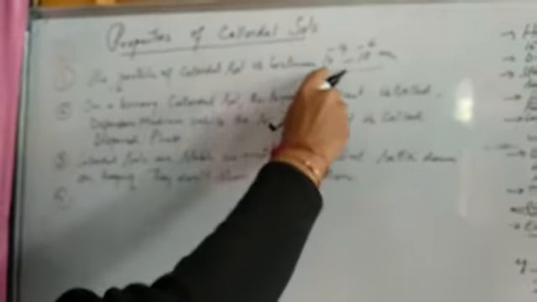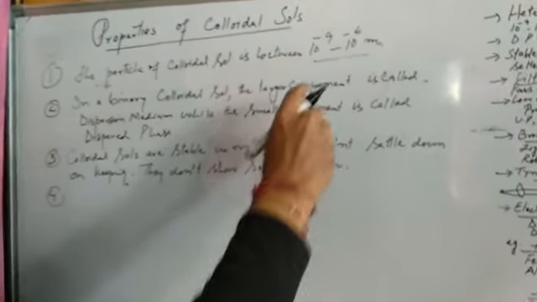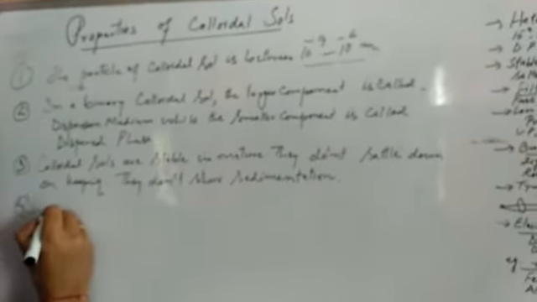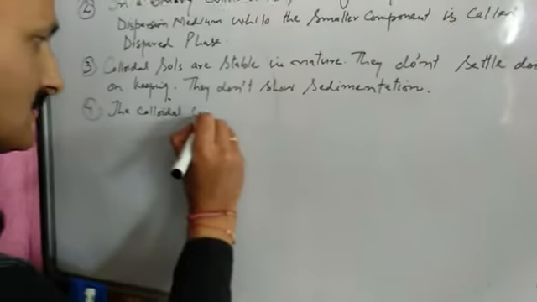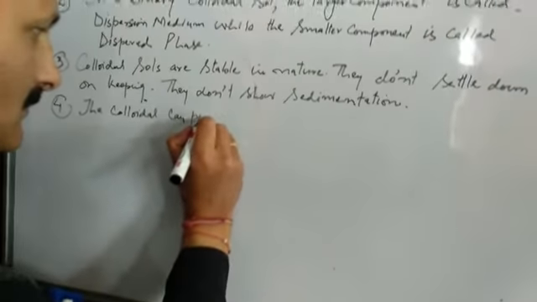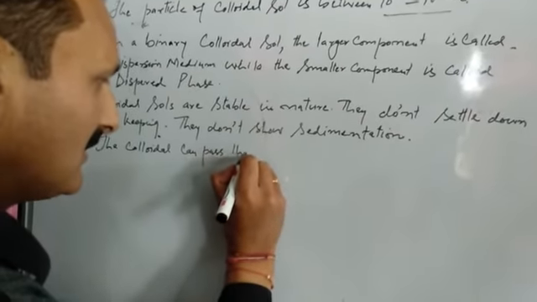Why? Because the pores of filter paper are bigger than the particle size of the solution. So the colloidal solutions can pass through a filter paper.